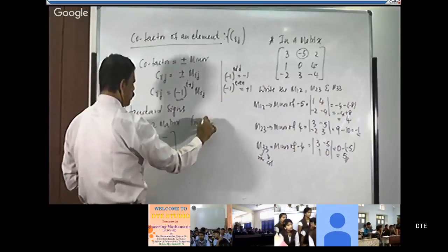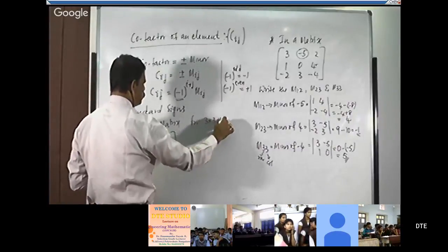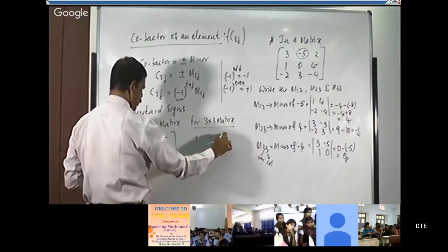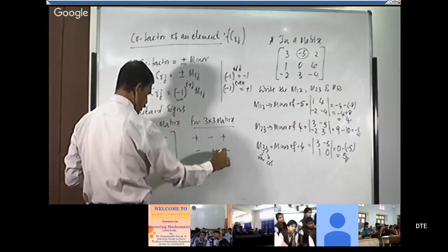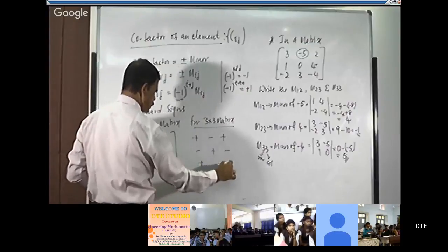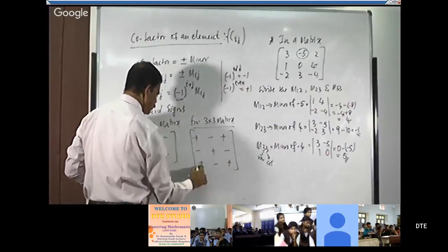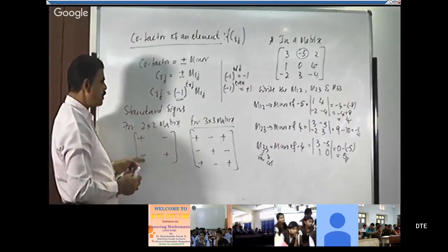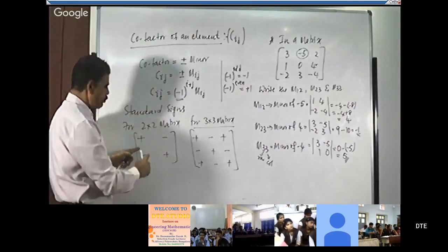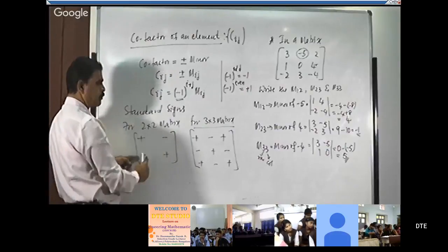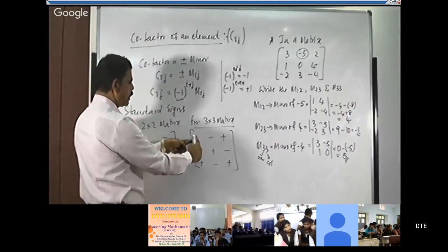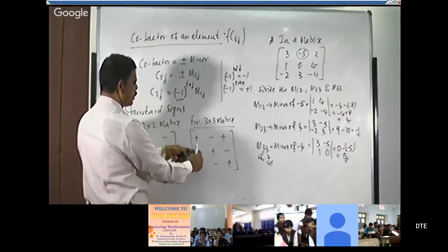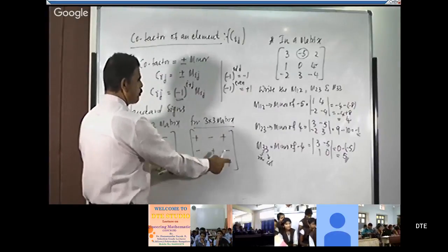For a 3 cross 3 matrix, it is always plus, minus, plus, minus, plus, minus, plus, minus, plus. These are the standard symbols we need to use while writing cofactor.